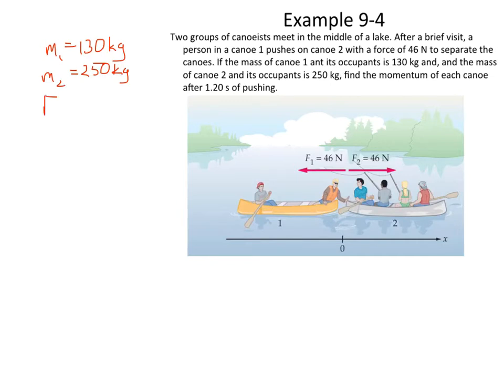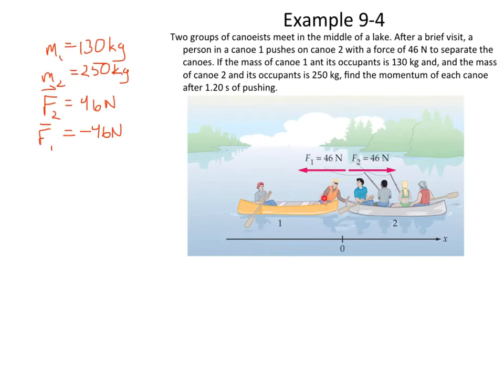The force on canoe 2, from 1 to 2 you might say, is 46 newtons. And keep in mind we're calling this direction towards the right positive, which means that the force on canoe 1, the pushback from canoe 2 on canoe 1, is going to be negative 46 newtons. Right, so that's going to make all the difference right here.